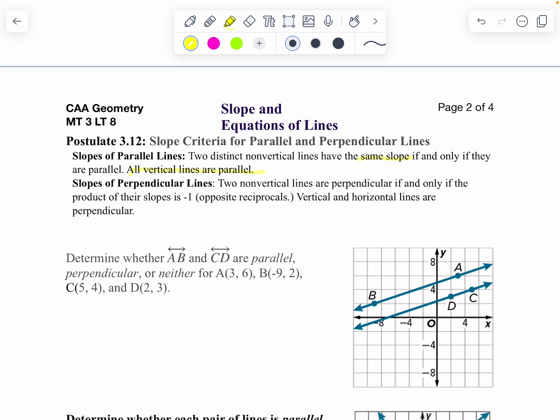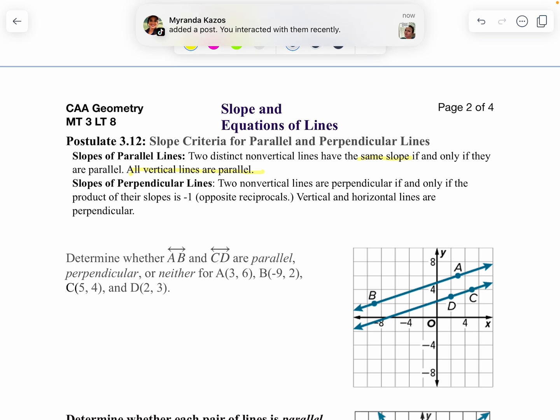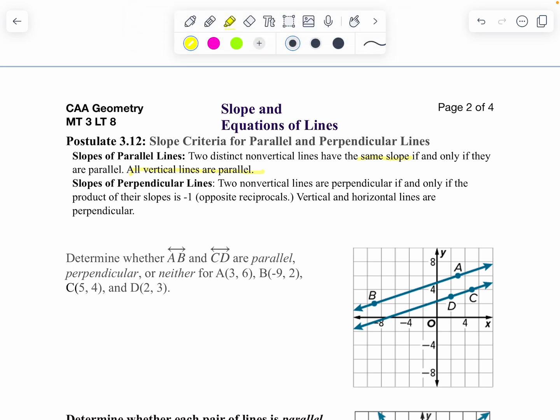Now, perpendicular, that one you did in algebra, but you might have forgotten. We have to multiply our slopes, and they have to be -1. Or opposite reciprocals. So, for example, if two lines are perpendicular, we'll start here with a number. Let's say 3 over 4.